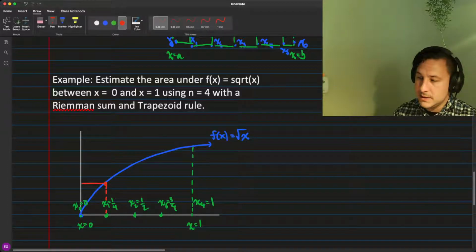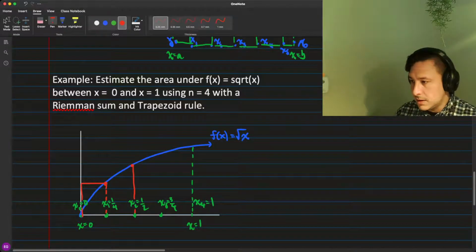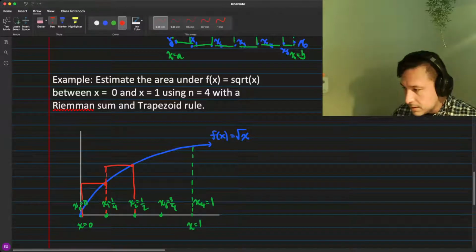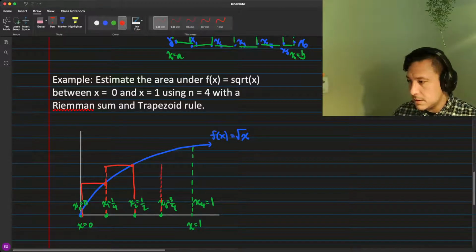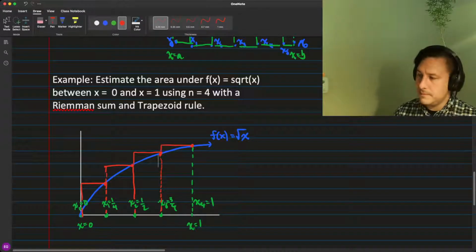You're going to get a rectangle like that, a rectangle like this, a rectangle like this, and a rectangle like that.